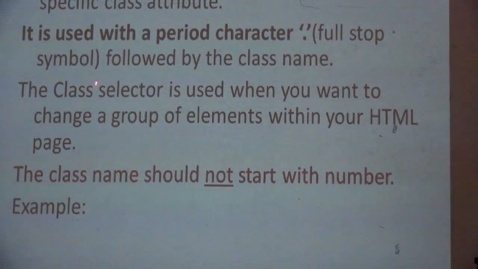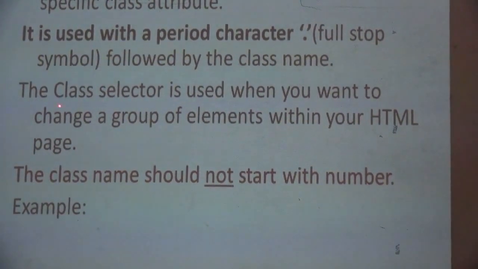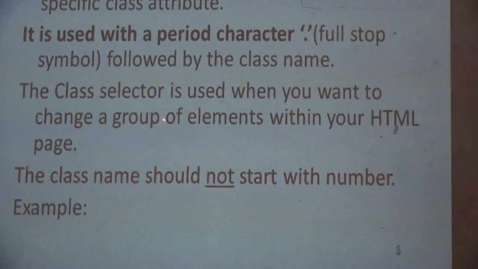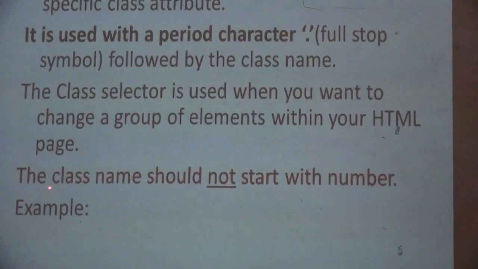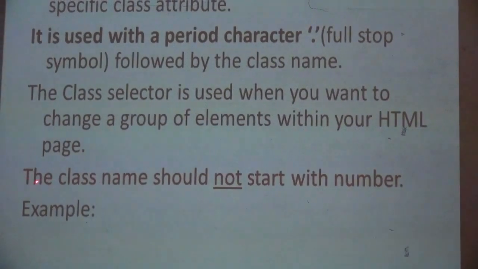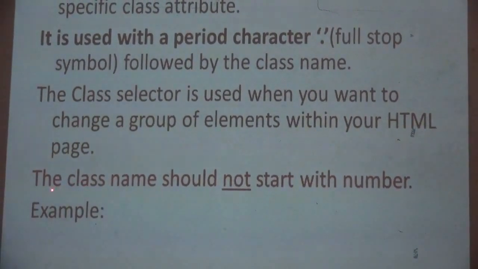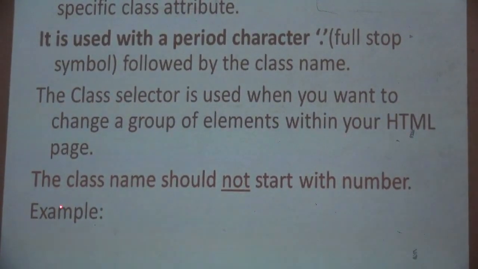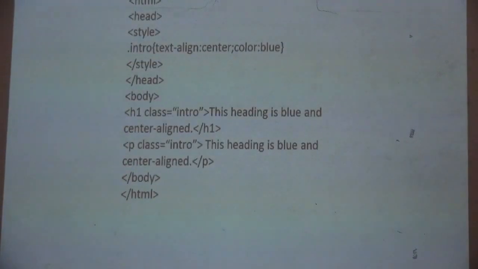As we know, most of the time when we save a file, the file name must be alphanumeric or alphabetic, but it must start with an alphabet character. So this is the note in the class selector: the class name should not start with digits. Here is the example.